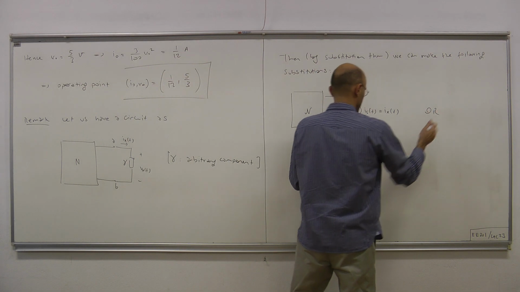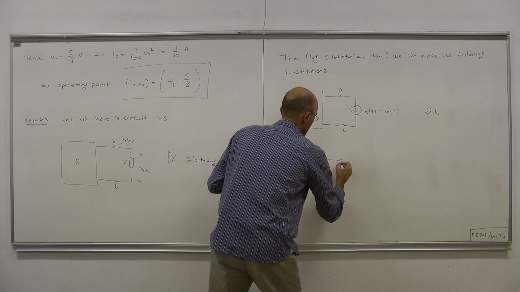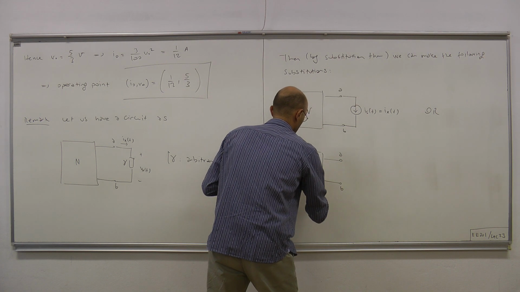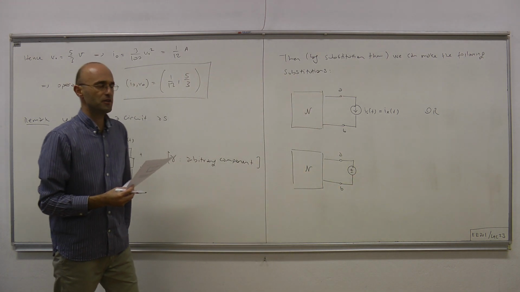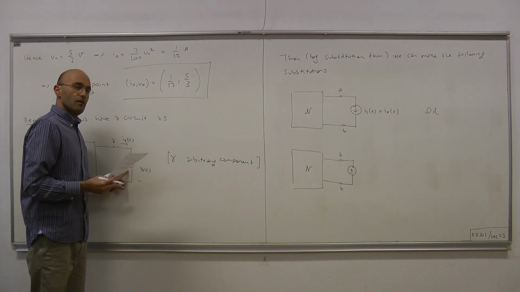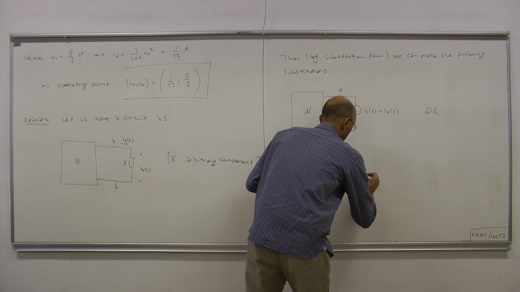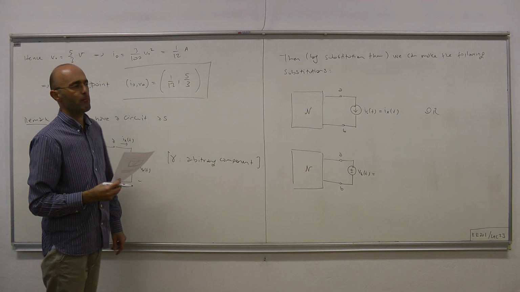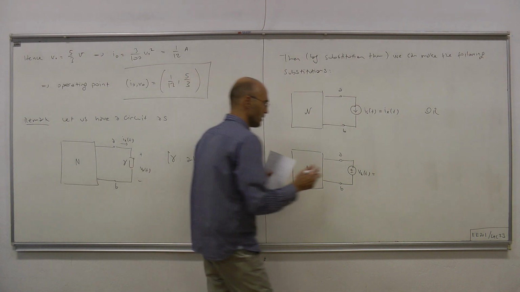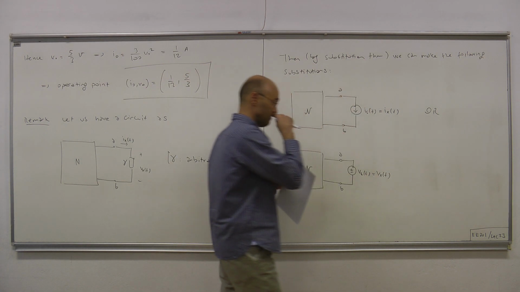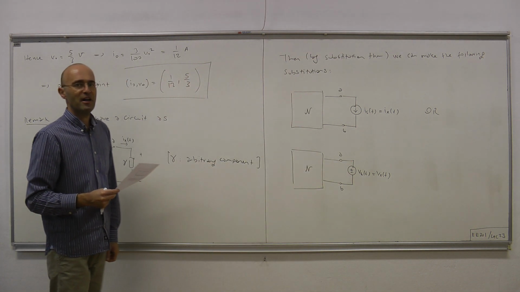Or we can use the other possibility. We can replace this component with an independent voltage source. And the voltage provided by that voltage source equals the voltage that's measured or computed here, Vx of t. The polarity here, plus minus, and the polarity here, plus minus, must match with one another.